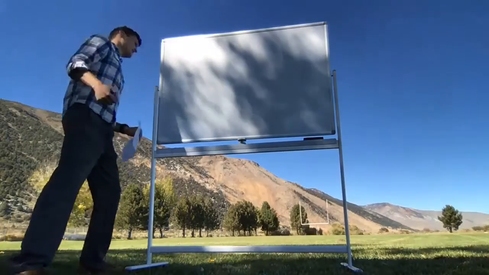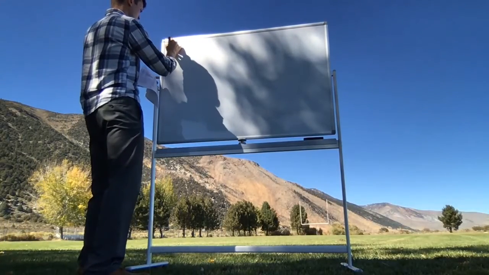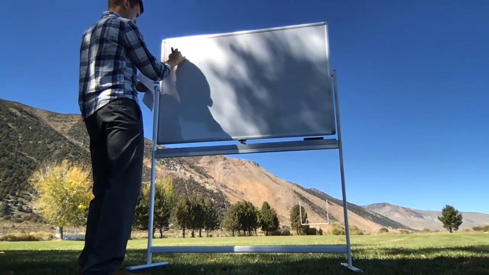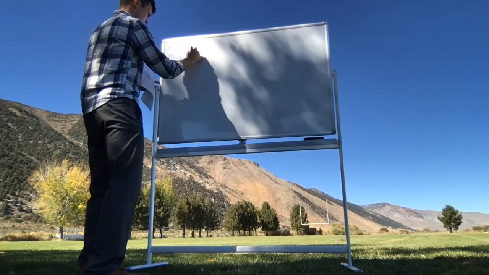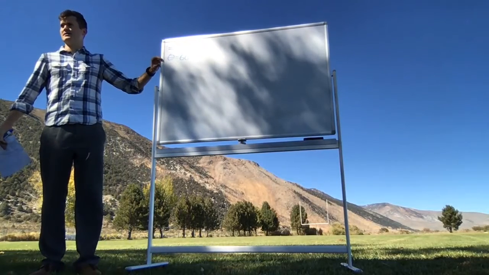All right, so we have 3 and 60. These are the 2 pieces of information we got on the previous side of the board.